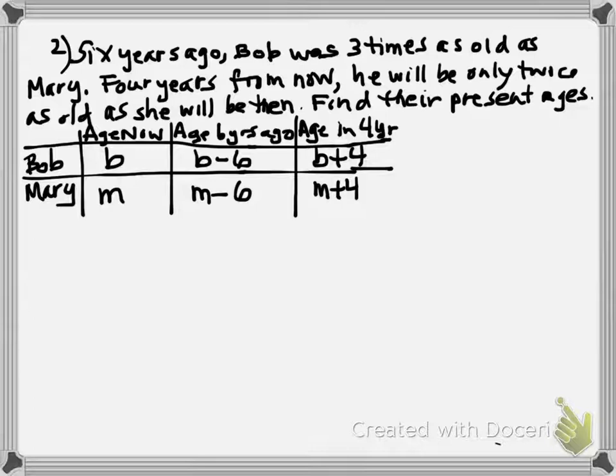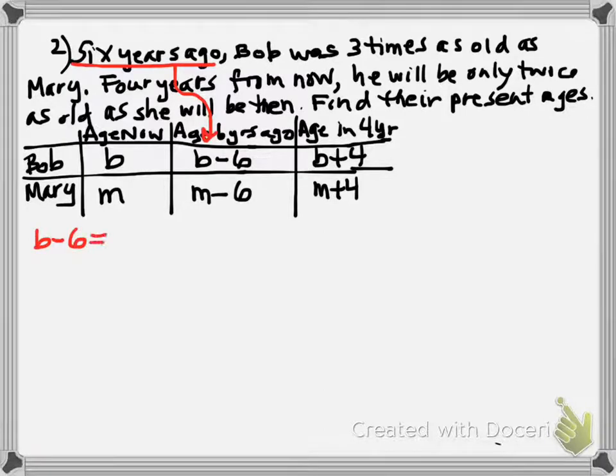All right. Now, reading the first sentence, it deals with that notion of 6 years ago. Bob was 3 times as old as Mary. Now notice that when they talked about Mary, they didn't say anything about her age. So the assumption is she's at the same time frame that Bob is. So that means when we write this equation, we're going to take it from the 6 years ago column. So what was Bob 6 years ago?